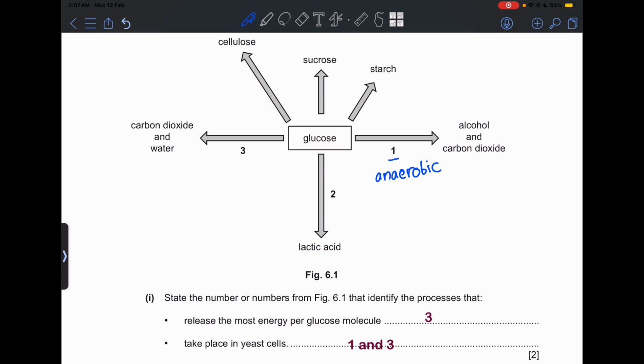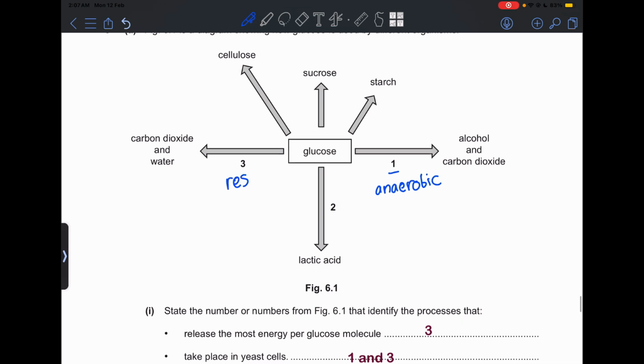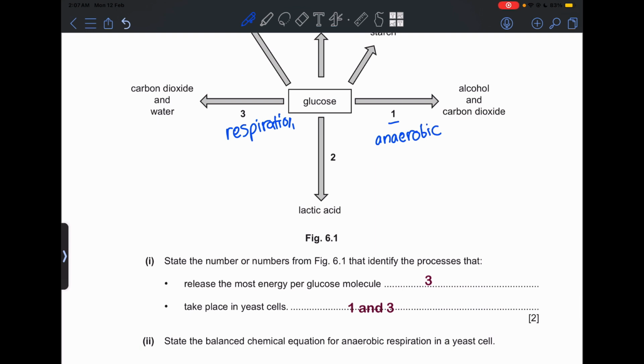Number 3 is respiration over here. So number 1 is the process that will release the most energy per glucose molecule and takes place in yeast cells. This is actually number 1 and 3. Yeast cells have both anaerobic respiration and aerobic respiration.